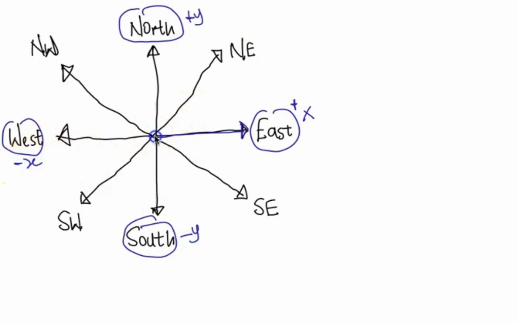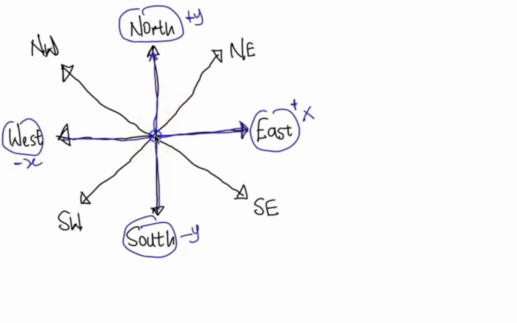A vector could have an effect on the x-axis, either to the positive x or to the negative x. Another vector could have an effect on the y-axis, either to the positive y or to the negative y. Then some could have an effect in between.